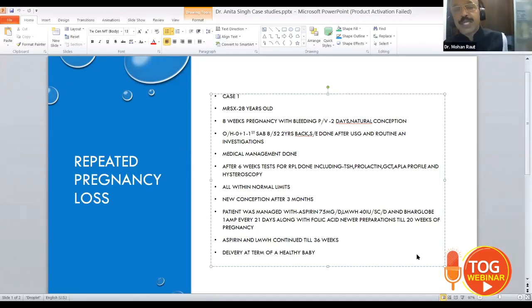The suction evacuation was done after USG, and routine investigations were done. Medical management was done. After 6 weeks, tests for RPL were done, including TSH, prolactin, GCT, APLA profile, and hysteroscopy. I think I will hand over to the doctor on how she approached this case of repeated pregnancy loss.